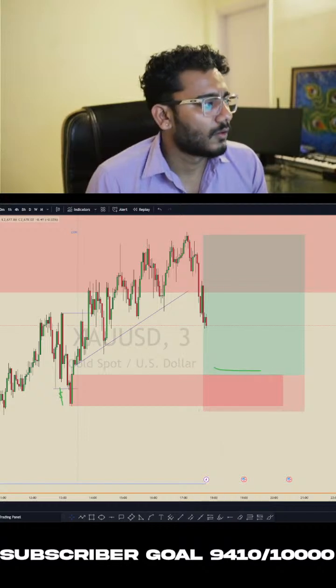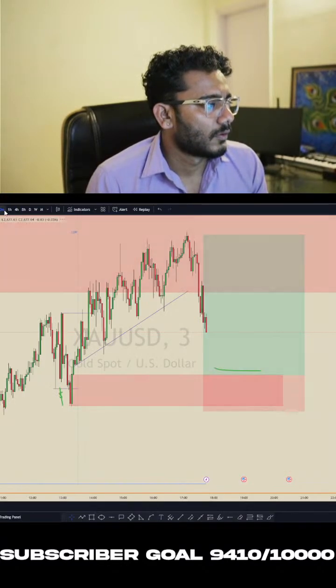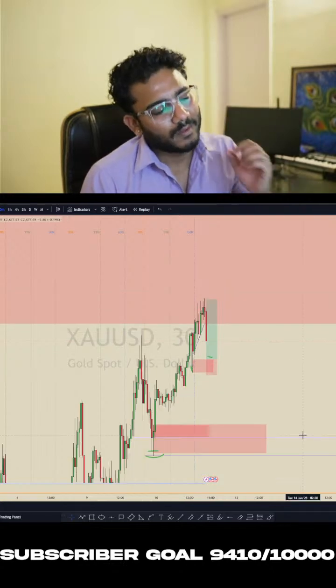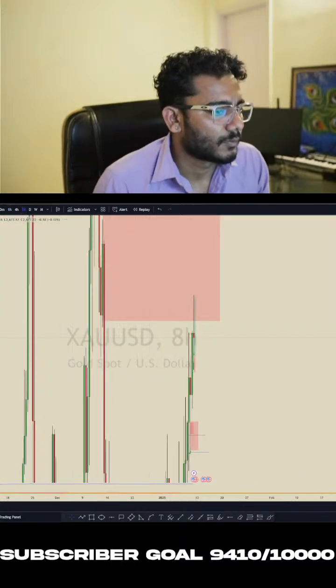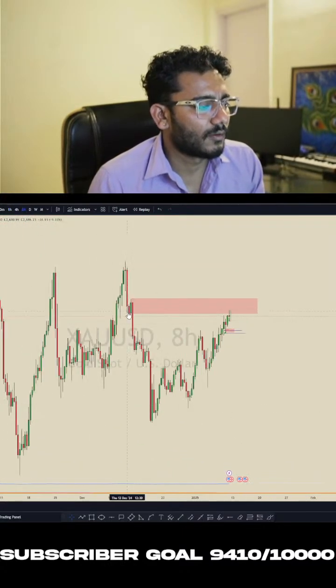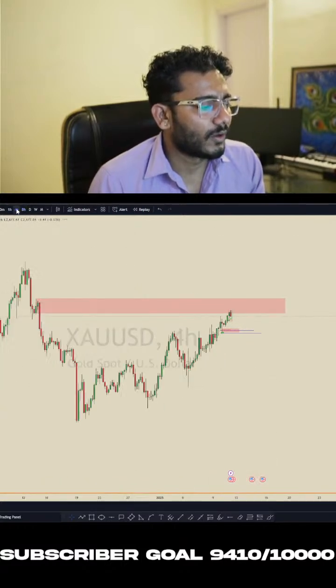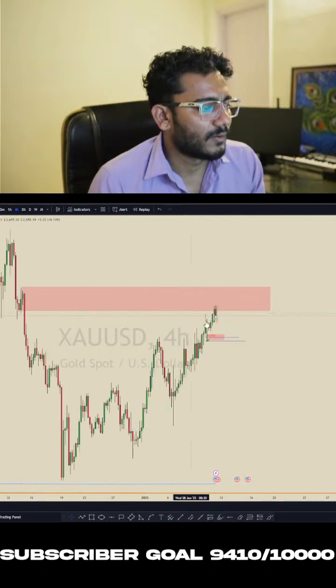For NFE gold prediction, for NFE, I think price will continue lower because let's look at on higher time frame. We have this left side order block. Okay, let's look at the result first. But I think price can react to the downside, so that's why it's risky to buy here.